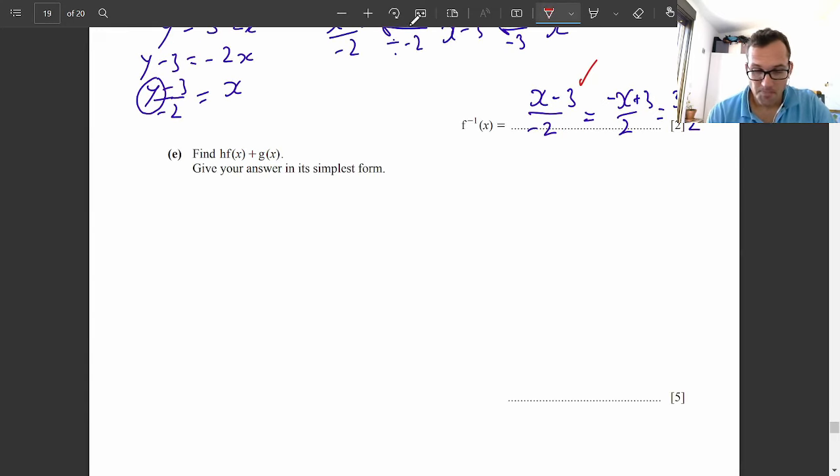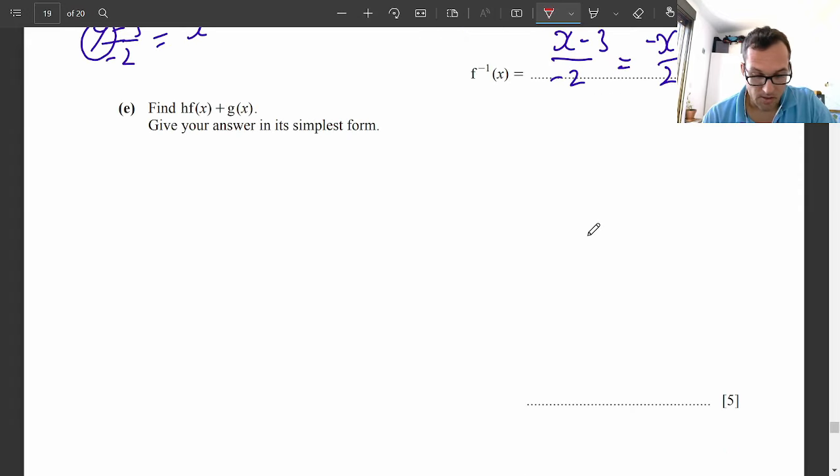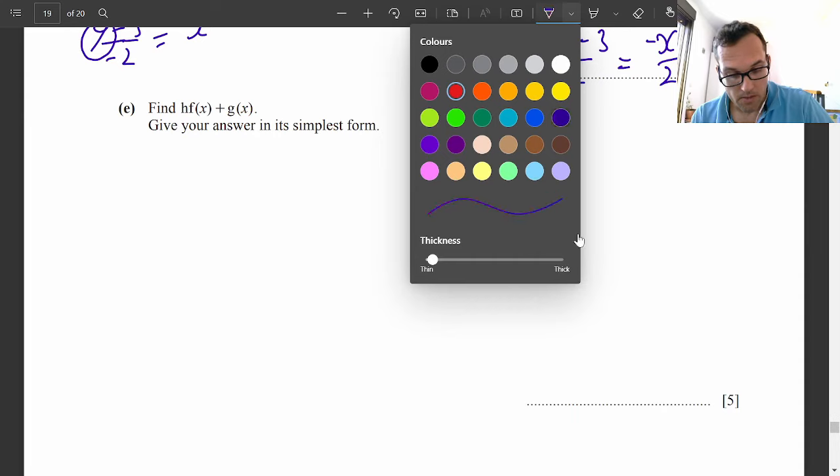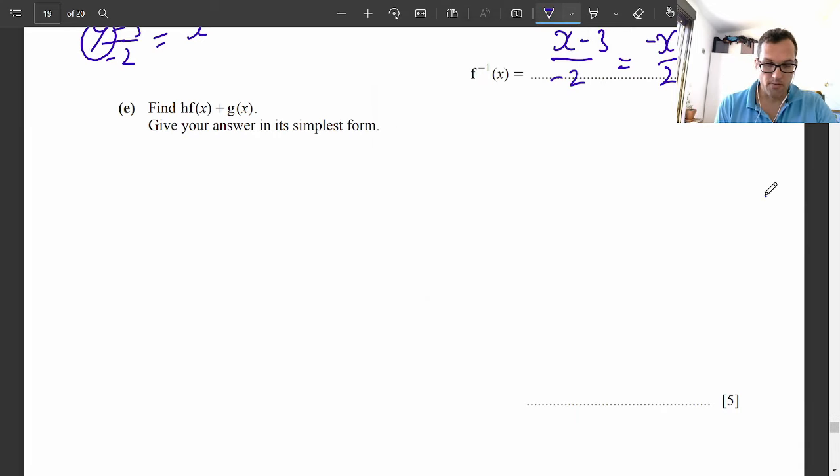Question E. Now this is the 5-mark A-star question. Right, very few students got this one right, or very few students got full marks. Okay, but you can still pick up marks here. Right, let's start with the function of f into the function of h. So what does that mean?